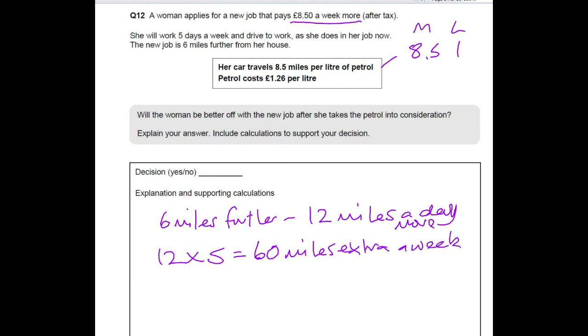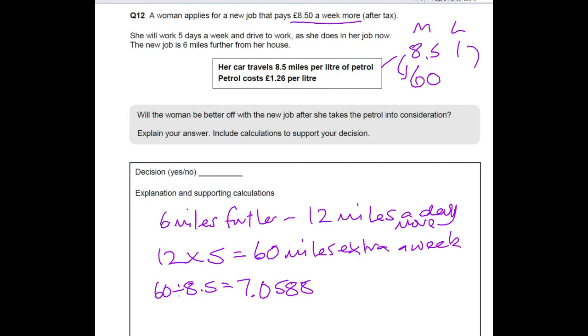So now we've worked that out, we can put the 60 miles under the miles side of our ratio and work out how many litres she uses in a week. So 60 divided by 8.5 gives us our scale, which is 7.0588, and I've rounded that to 4 decimal places.